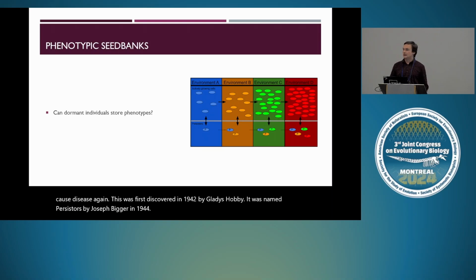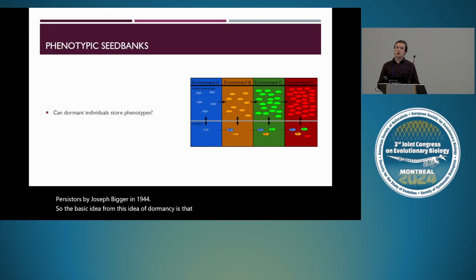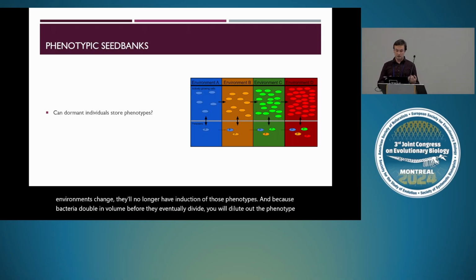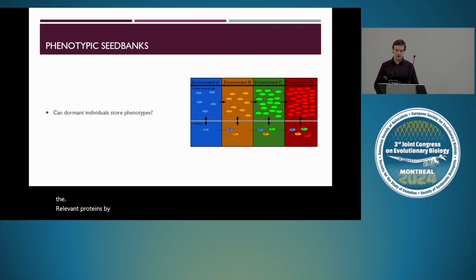So the basic idea from this idea of dormancy is that actively growing individuals experiencing fluctuating and changing environments will, of course, induce phenotypes that are relevant to the environments they're experiencing. But once those environments change, they'll no longer have induction of those phenotypes. And because bacteria double in volume before they eventually divide, you will dilute out the phenotype, the relevant proteins, by half with each generation.